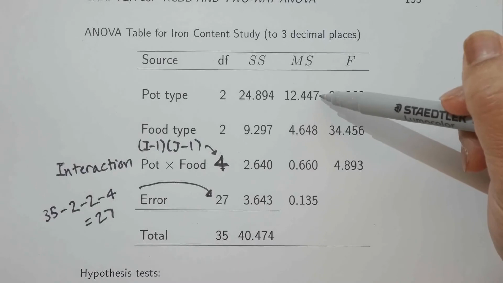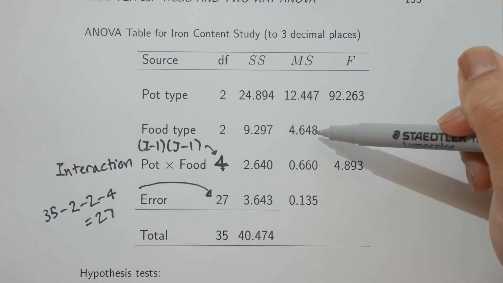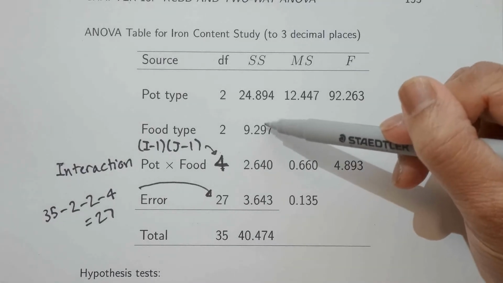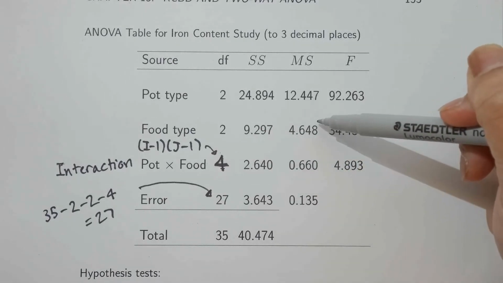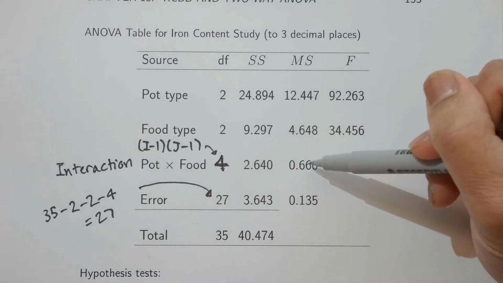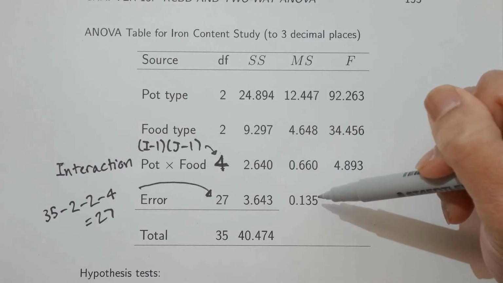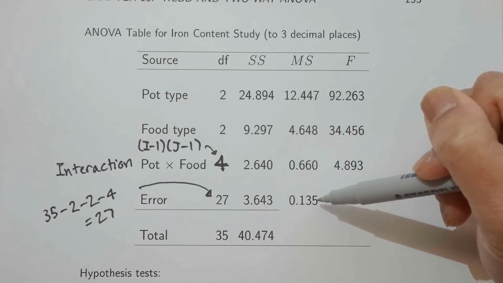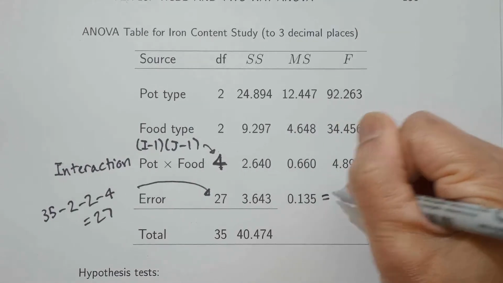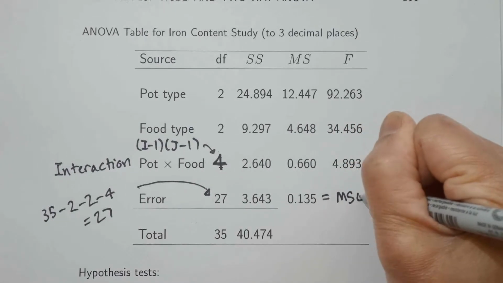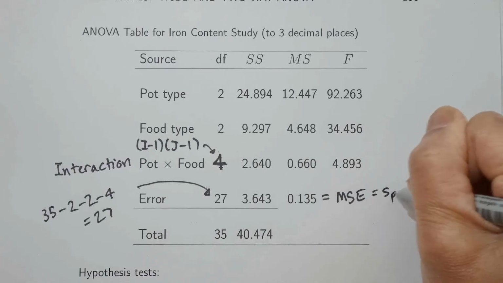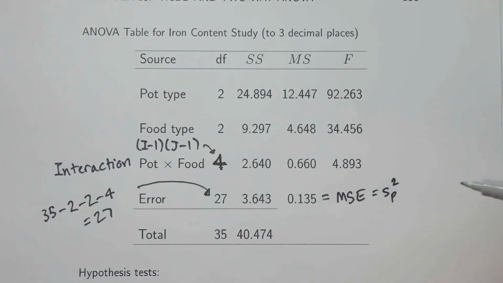So that gives us 12.447. For food type, it's 9.297 divided by 2, which gives us 4.648. The interaction has a mean square of only 0.66, but then the error sum of squares is 0.135. So this is equal to our mean square error, which is equal to our S_p squared.